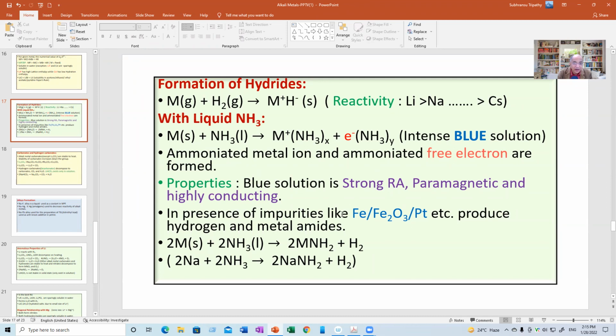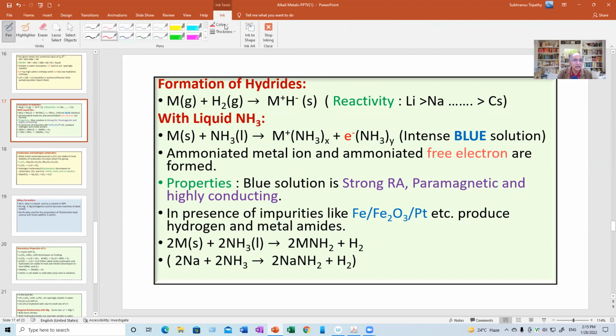But the moment you add some impurities or you wait for some time, then there is a reaction. You add some iron powder, platinum or ferric oxide, then there will be a vigorous reaction, no blue color, no paramagnetic solution, no intense blue solution. It will form hydrogen gas and form the amide. It's not organic, you can't call it amine.